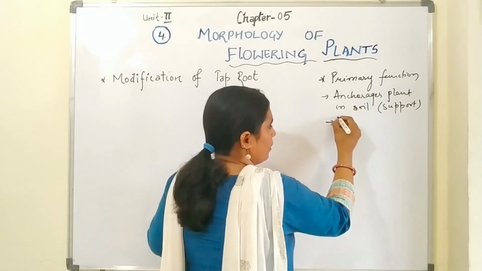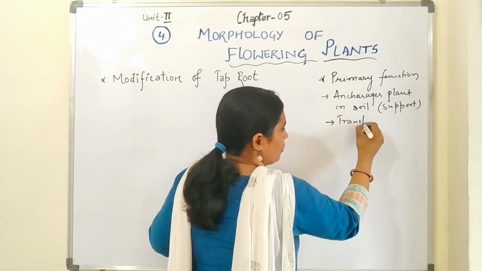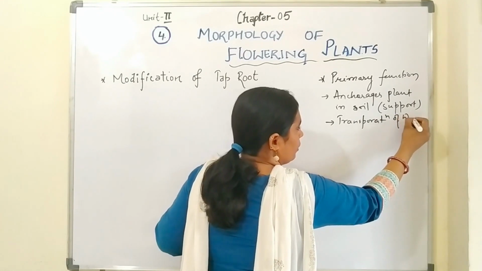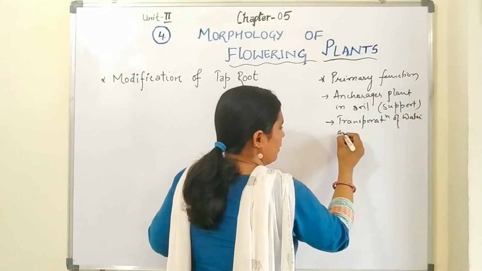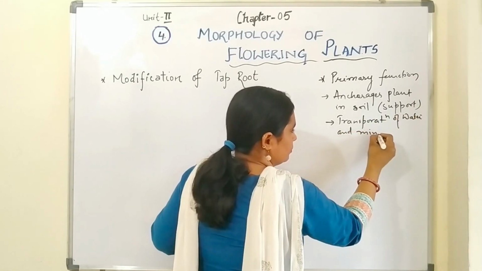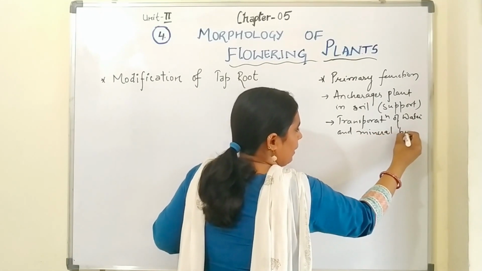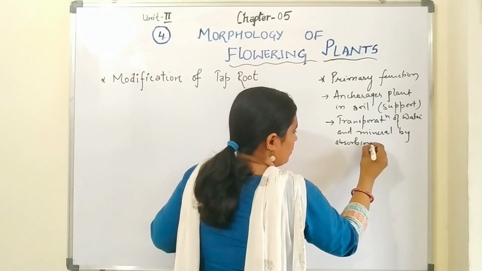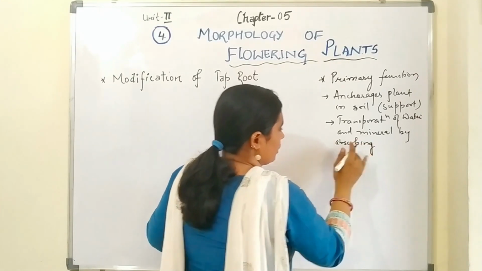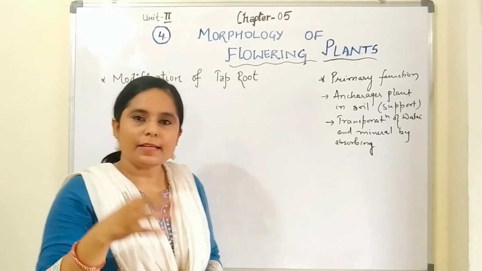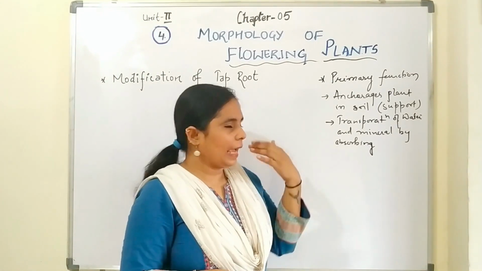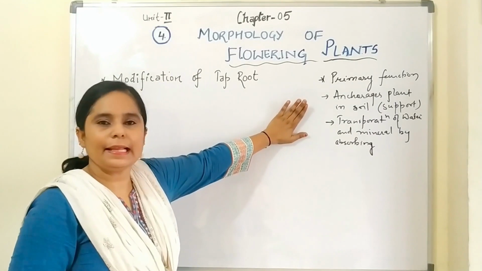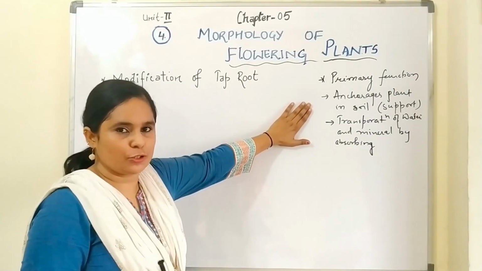Second, transportation of water and minerals by absorbing them. Fine. What it does, it absorbs the water and minerals and then it transports them to the other parts of the plant. So basically these are the primary functions of root.